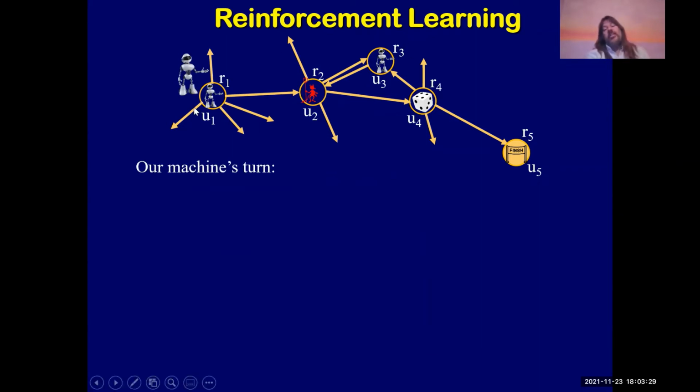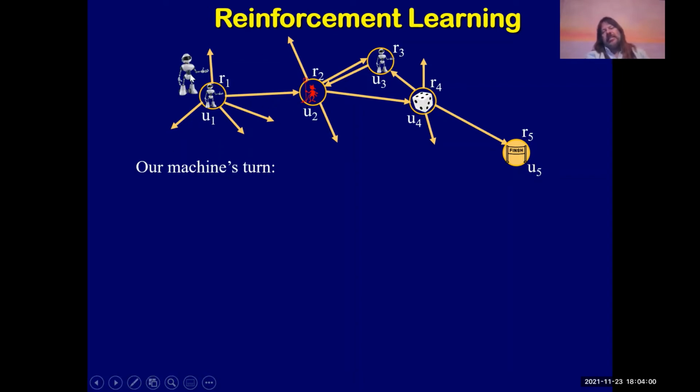All right, so if it's the player's turn, now the player has to decide which way to go. Suppose the R values were already computed by some magic. Some oracle came down and labeled each state with the probability that you're going to win if you're in that state. So now the white player is sitting here. He knows his R value, so he knows the probability he's going to win.